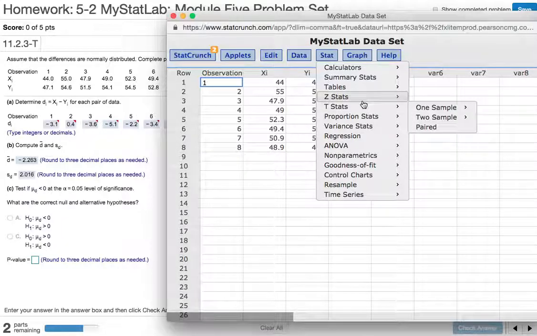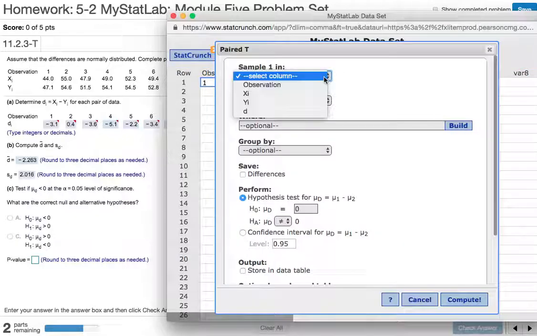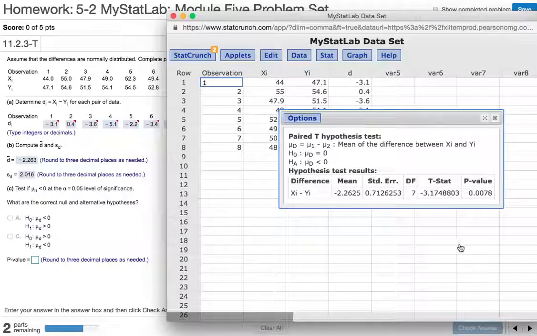So they are paired together. So x1 is the first observation, and then y1 is the second one. And then we have the hypothesis, which is the mu d, the population mean difference, is 0. And then we have that that is less than 0. And we set that up earlier over here. Let's go ahead and compute that out.